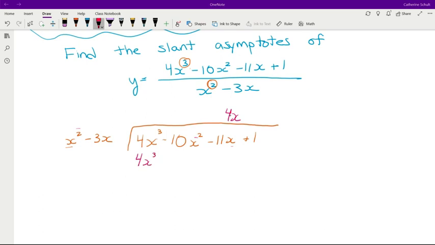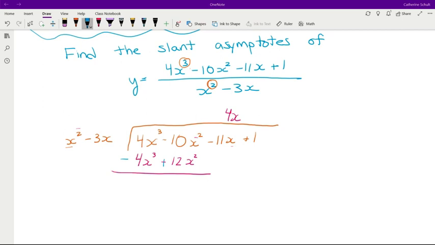There you go. And then 4x times negative 3x is negative 12x squared. Okay, so this is how we do our long division. Hopefully it's a review. And then we subtract.